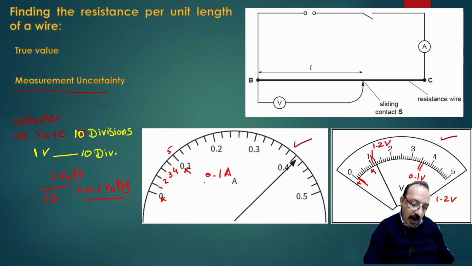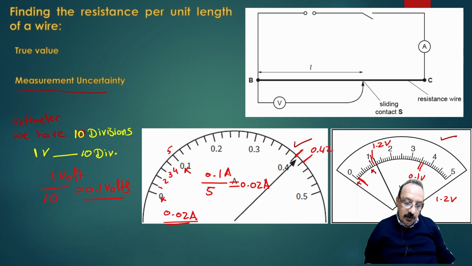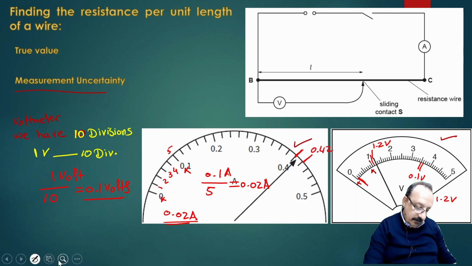So 0.1 amp divided by 5 divisions gives us small divisions of 0.02 amps. So any small division here is 0.02 amp. Okay, now let us take a reading. So till this point it is 0.4. This one is 0.42.